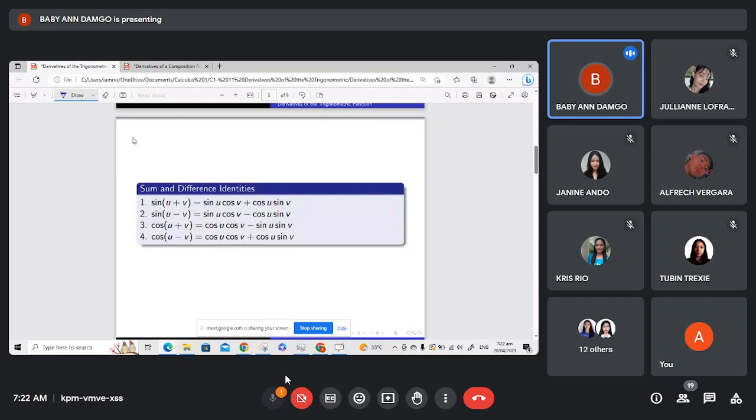If you see a sign, it is either sum or difference. The pattern for sine, class, is sine cos cosine. And whatever the sign is here, it is the same sign here. If it is cosine, the pattern is cos cos sine sine. And if positive, it becomes negative.